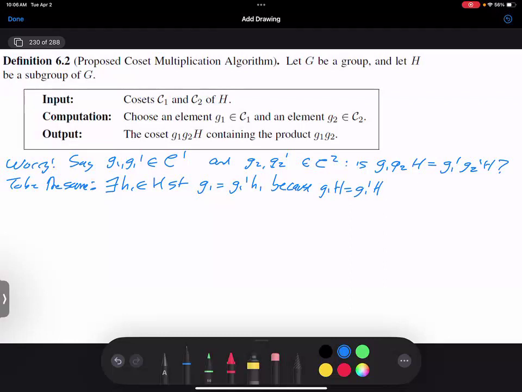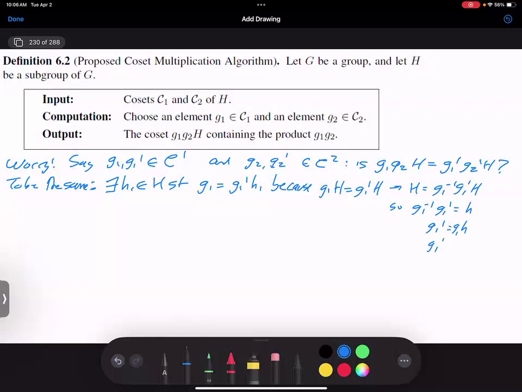So what does it mean for two cosets to be the same? They have to differ by some element in H. You could multiply. This is the same as H equals, say, G1 inverse G1 prime H. So G1 inverse G1 prime has to be something in H. And so I've got things the wrong way. So I've got G1 prime is equal to G1 H like this.